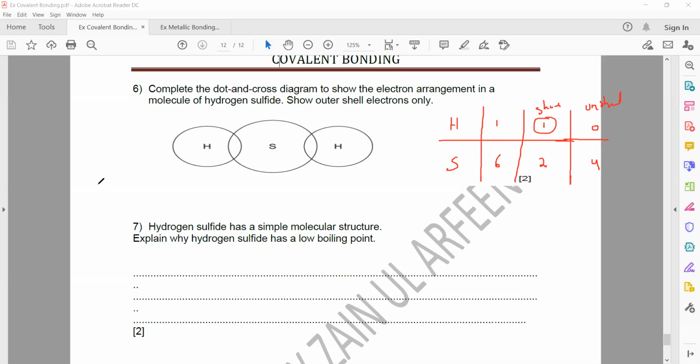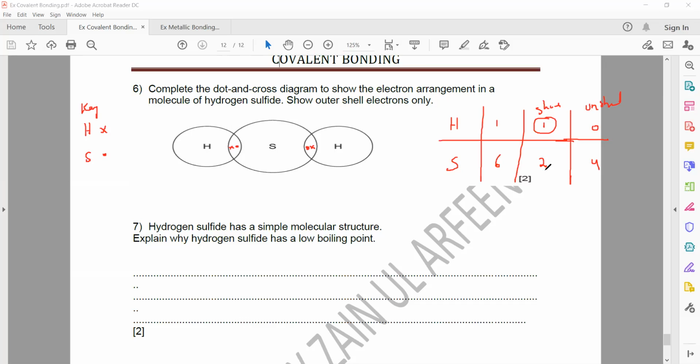And you have to mention the key as well, like electrons of hydrogen you're representing by cross and electrons of sulfur you're representing by dot. You have to mention this. So if hydrogen shares 1, sulfur can share 1 from that side. If hydrogen shares 1, sulfur will share 1 from that side.